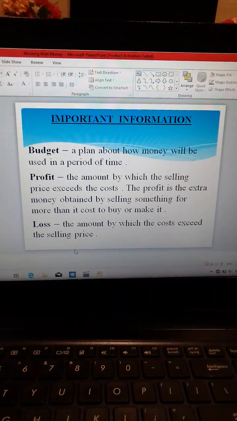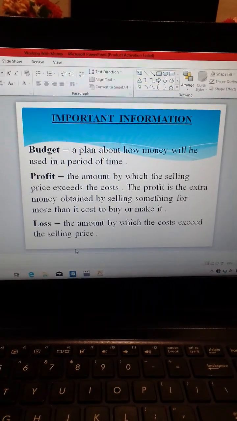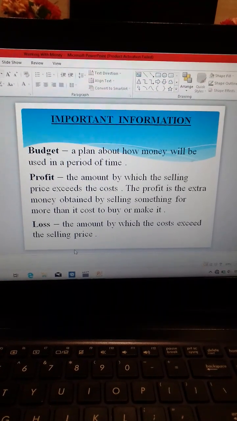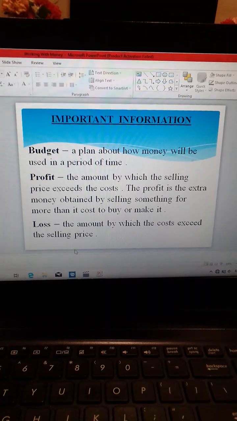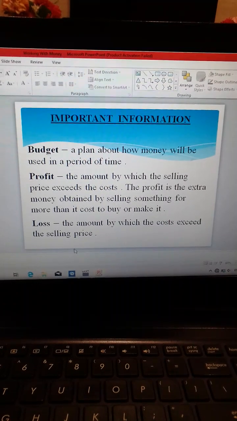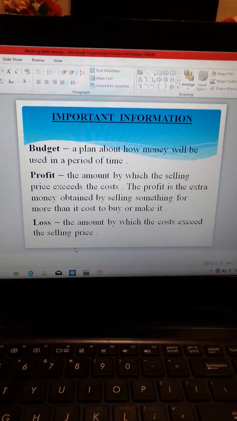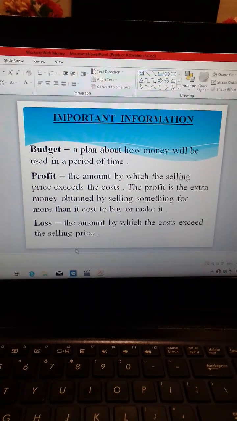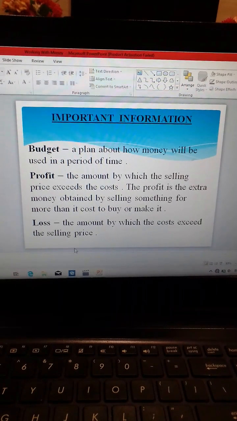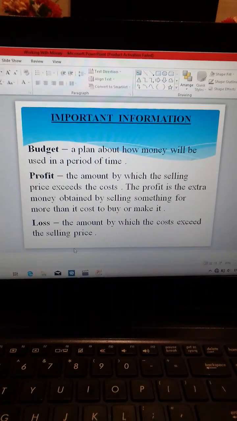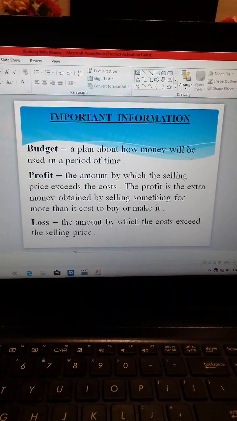Okay. So, a budget is a detailed plan about how money will be used in a period of time. Right? A budget can either be weekly or monthly or every fortnight. Profit is the amount by which the selling price exceeds the cost. So, the profit is the extra money obtained by selling something for more than it cost to buy that product or to make it.